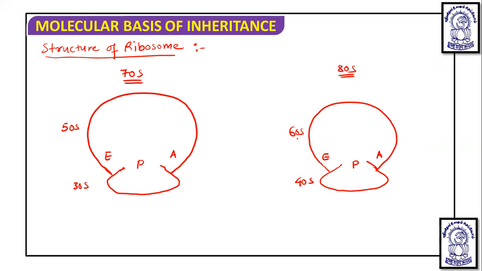EPA. Here, if we talk about the E site, P site, and A site, we remember that the E site stands for exit site, for tRNA, meaning tRNA is going to exit from this part.